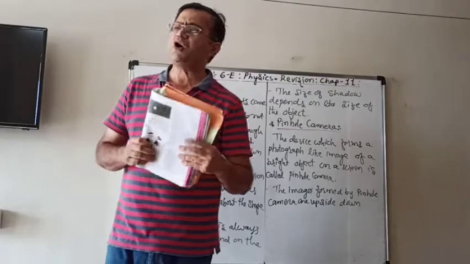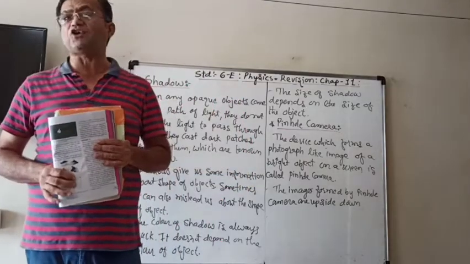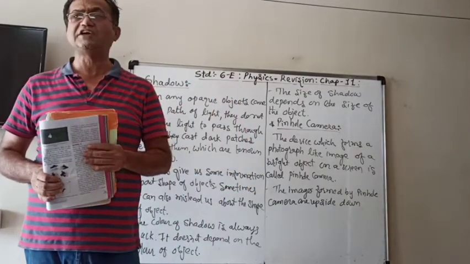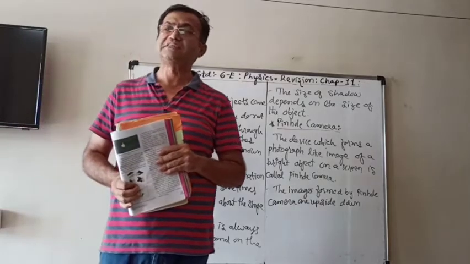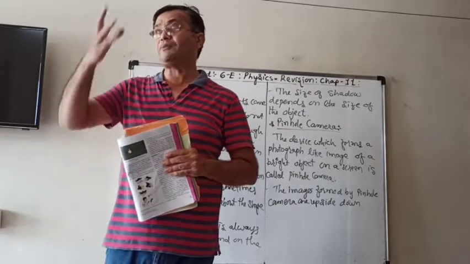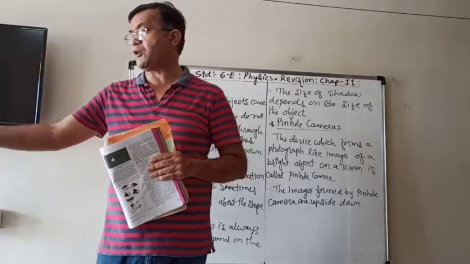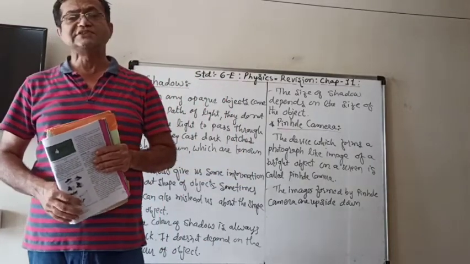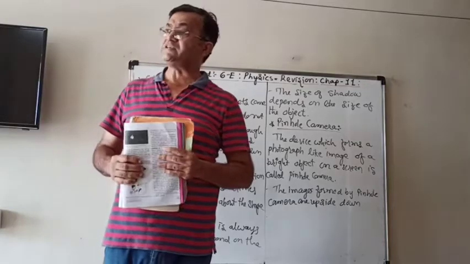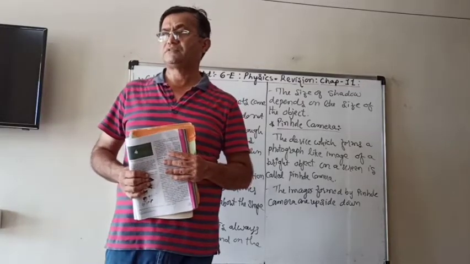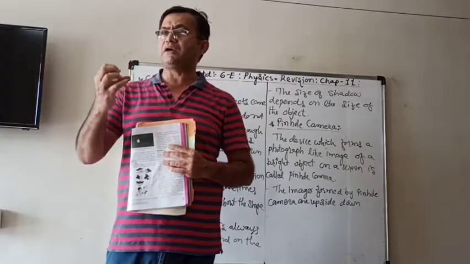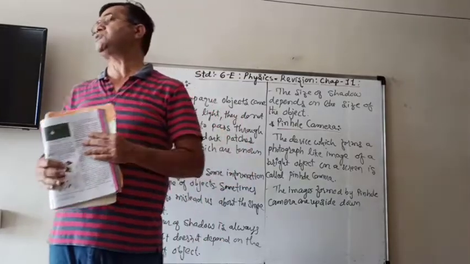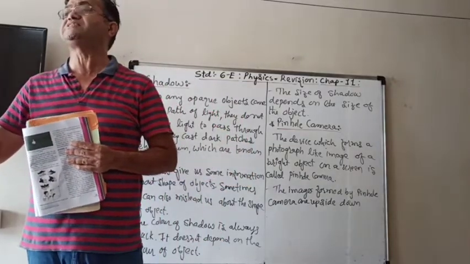Now, if you hold any transparent objects, generally you won't get a shadow, and therefore the shadow of air we cannot see anywhere. Similarly, translucent objects: we can get the shadow of a translucent object, but that will not be too dark.